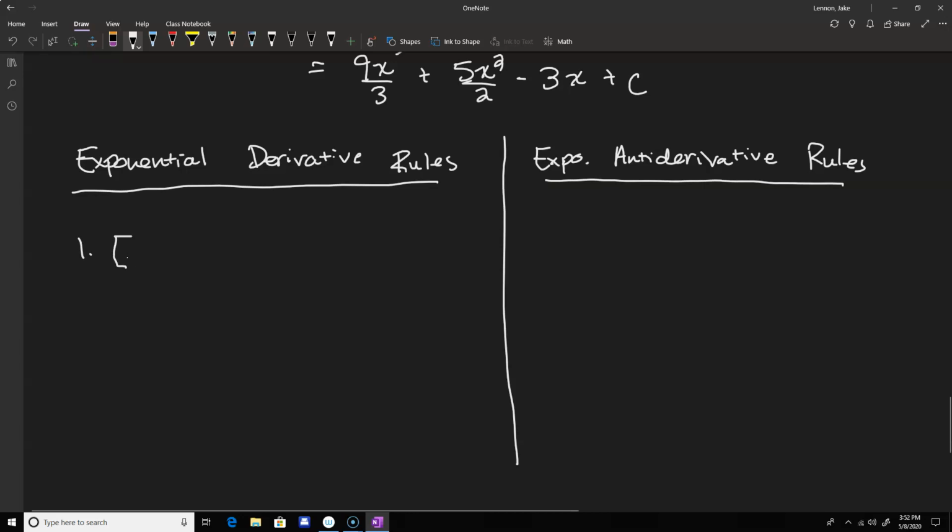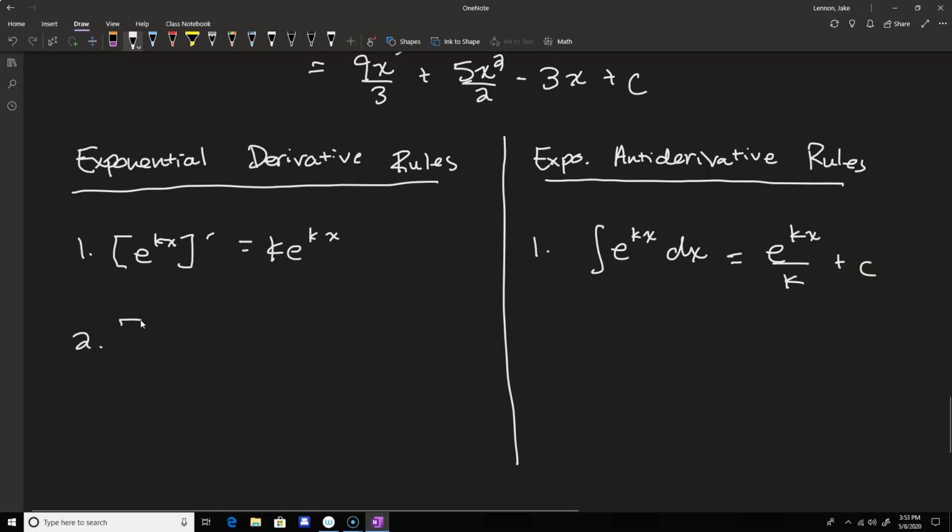We said if you took the derivative of e to the kx, the continuous form, this would be k times e to the kx. So what did we do here? That's all we did: we took the constant in the exponent and brought it in front and multiplied it. So the analog to that would be, if we were trying to find the antiderivative of e to the kx, rather than multiplying, we would just divide by that k. So this would have antiderivative e to the kx over k plus a constant.